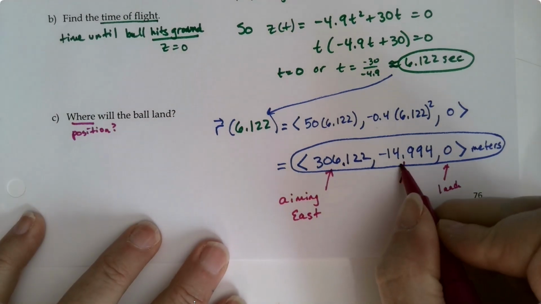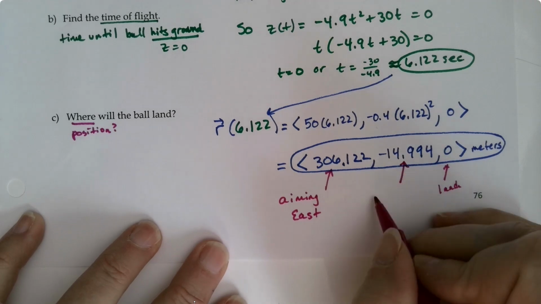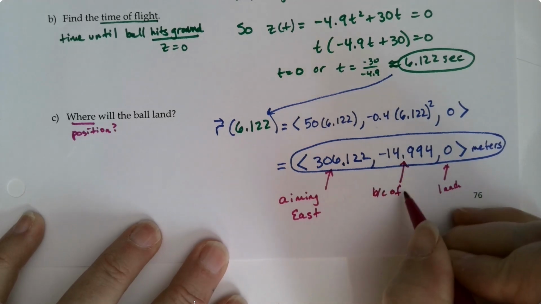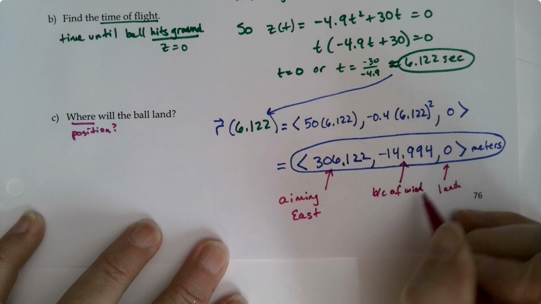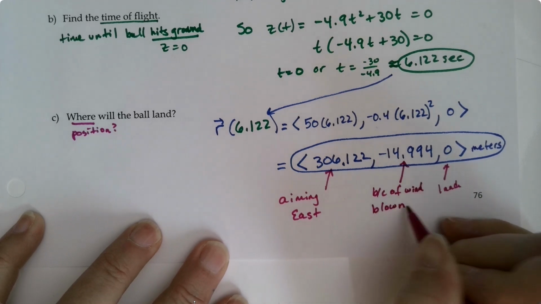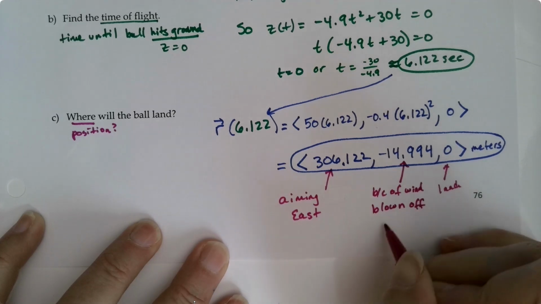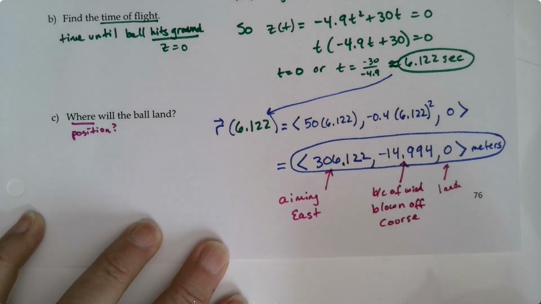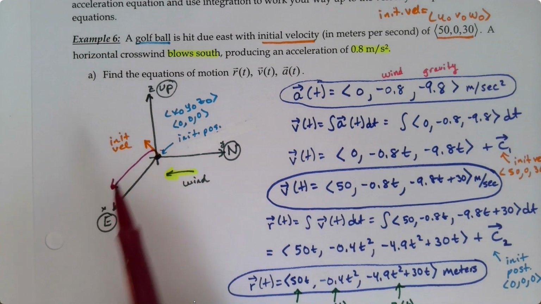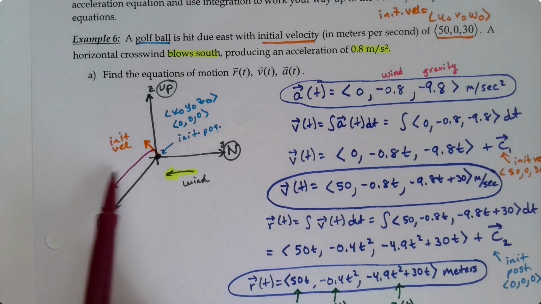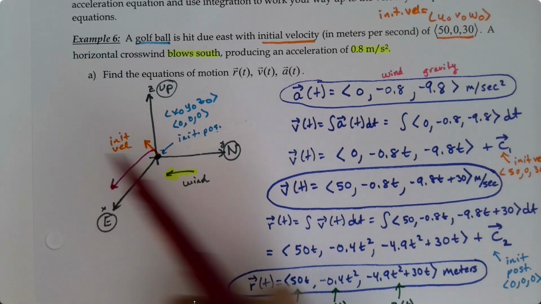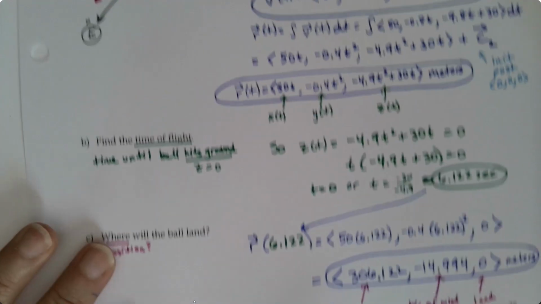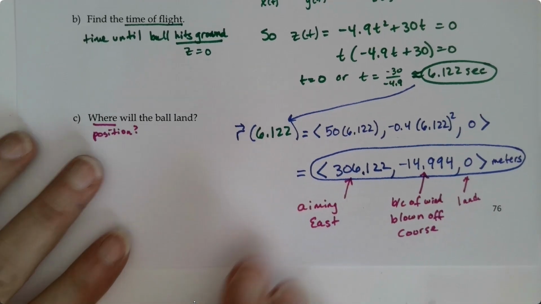But this is because of the wind. Because of wind, it was blown off course and ended in the rough. So blown off course because that wind is pushing it that way. So it ends up with a y direction that's negative because it's getting blown to the south. So that's what we're showing with those vectors.